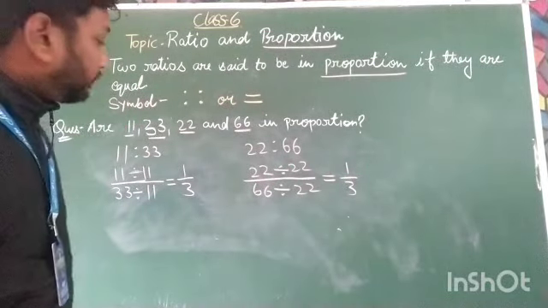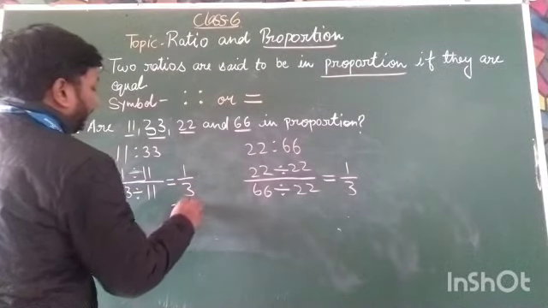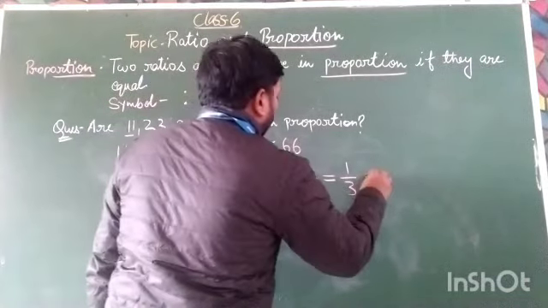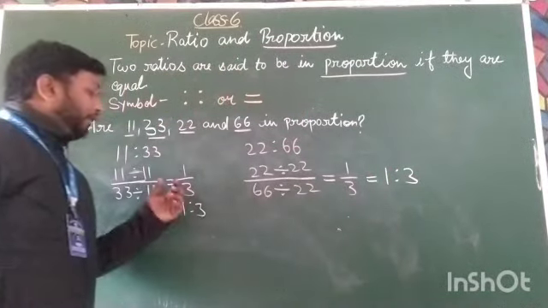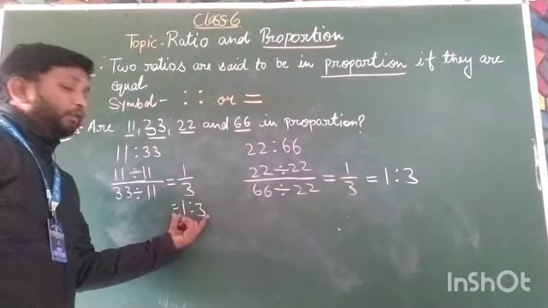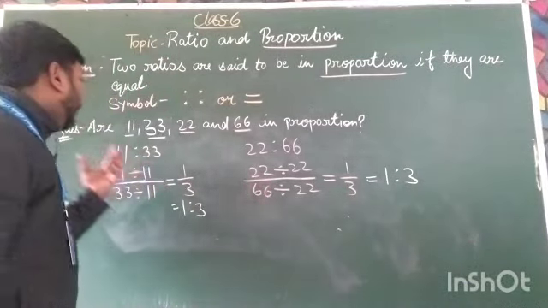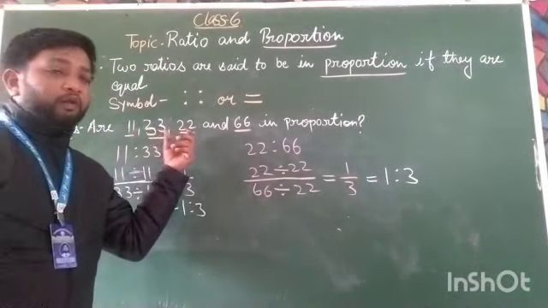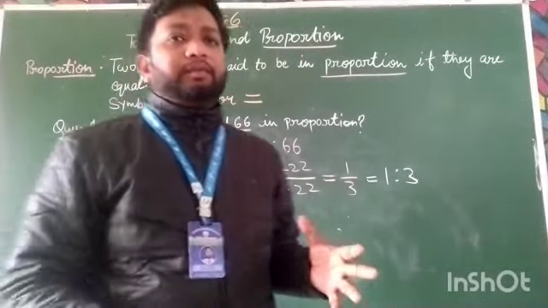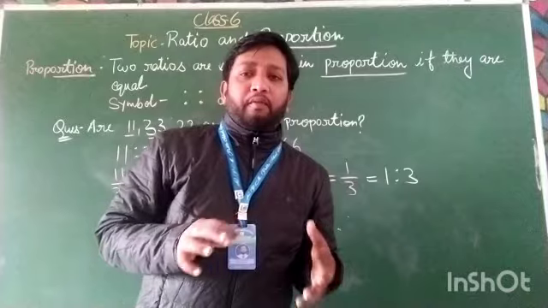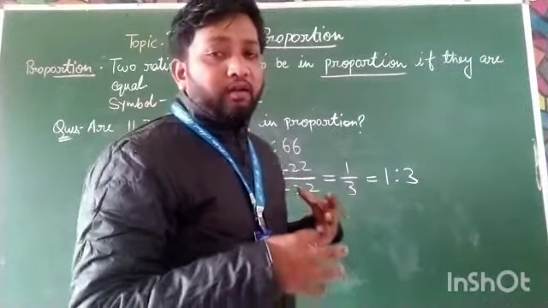That is, 11 ratio 33 is nothing but 1 ratio 3, and 22 ratio 66 is nothing but 1 ratio 3. Since after writing in simplest form the ratios are equal, we can say that 11, 33, 22 and 66 are in proportion. So in this way we can find whether numbers are in proportion or not.